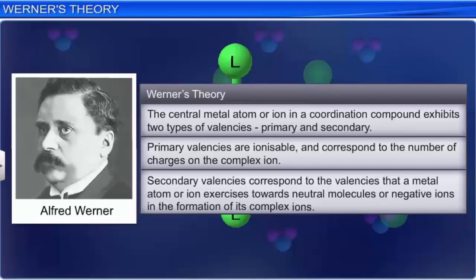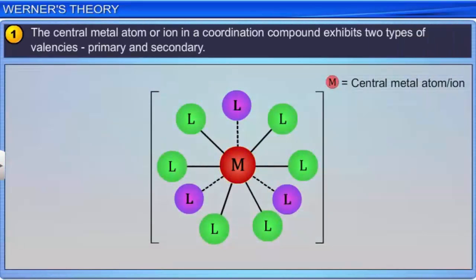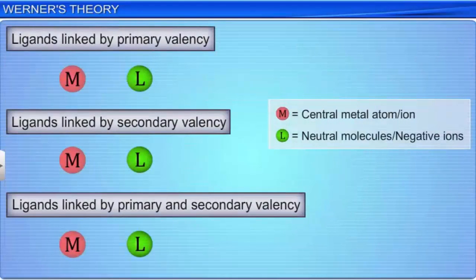The first postulate is that the central metal atom or ion in a coordination compound exhibits two types of valences, primary and secondary. While writing the structure of the metal complexes, the ligands that are linked by primary valency are shown by dotted lines, while those linked by a secondary valency are shown by thick lines.